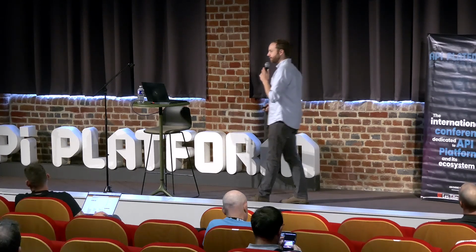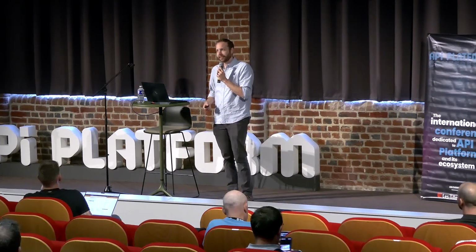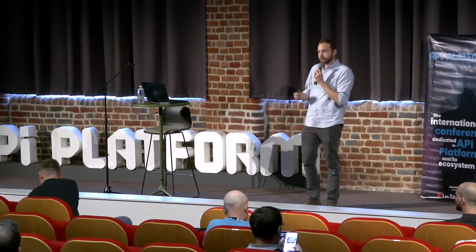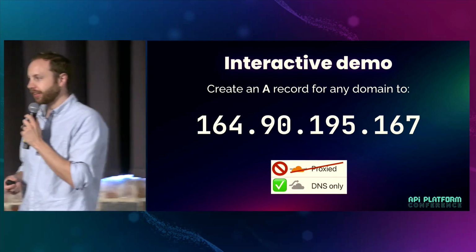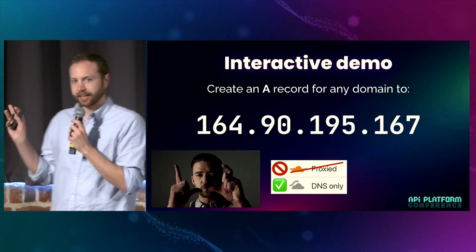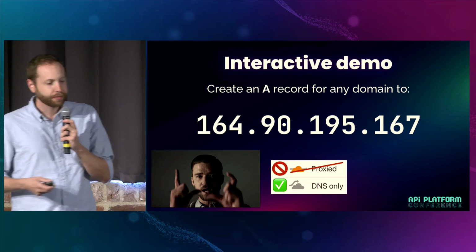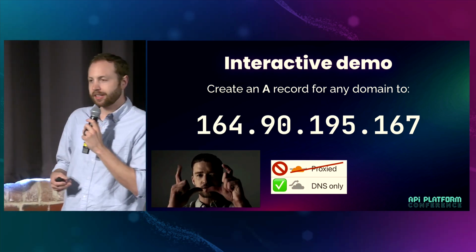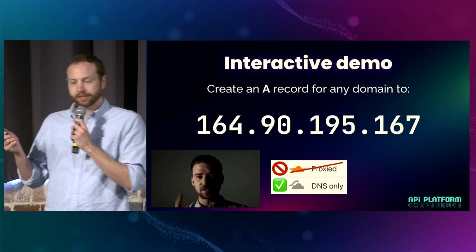Before I begin, though, I do have a demo planned, so you know how well that's going to go. But if you want to participate in this, I would suggest that you take a picture of this slide so I can move on. What you're going to do is take a domain name of yours and point it at this IP address.